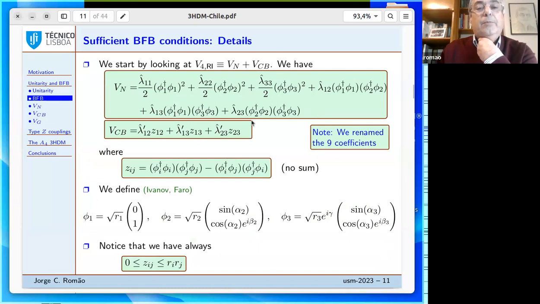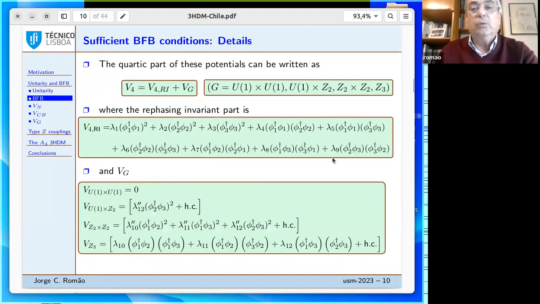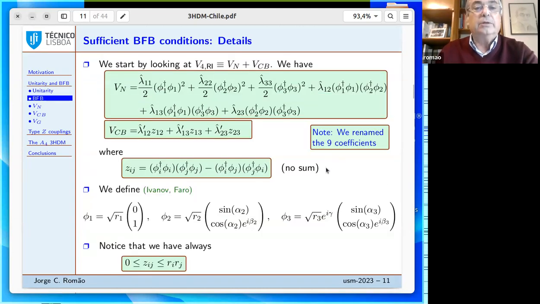To write the charge breaking part, I use this trick of substituting the quartic terms that appear in the potential by this rule, and writing them in terms of Zij. Notice that, comparing with the previous potential, which has 9 parameters, here you also have 9 parameters, but we have renamed the coefficients for convenience.